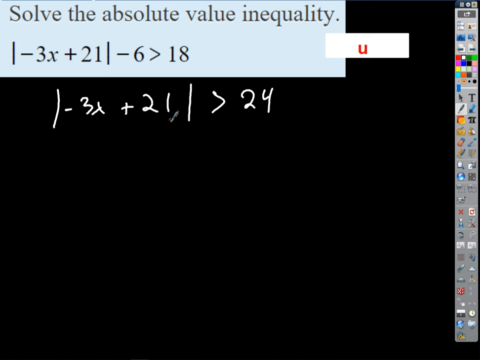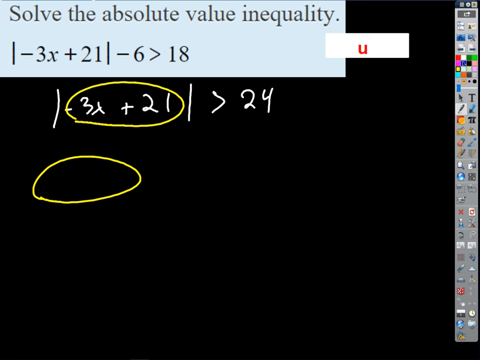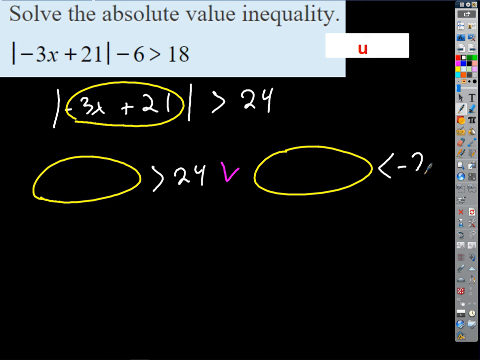So what's the compound inequality I can trade that for? Negative 3x plus 21 is greater than positive 24, or that's going to be less than negative 24, right?